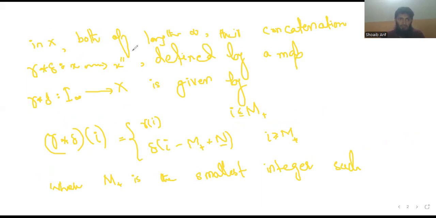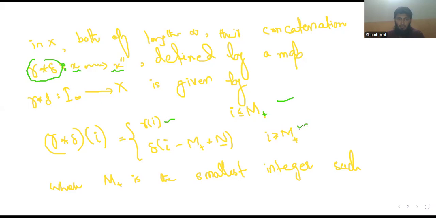Their concatenation, from x to x double prime, is defined by this map, sigma star gamma, from the integers to X, given by this equation. If i is less than or equal to m plus, we lie in gamma of i.